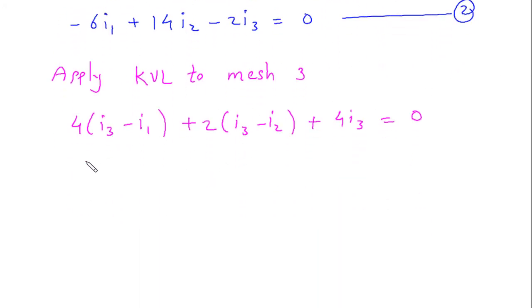So this will be 4I3 minus 4I1 plus 2I3 minus 2I2 plus 4I3 is equal to 0.